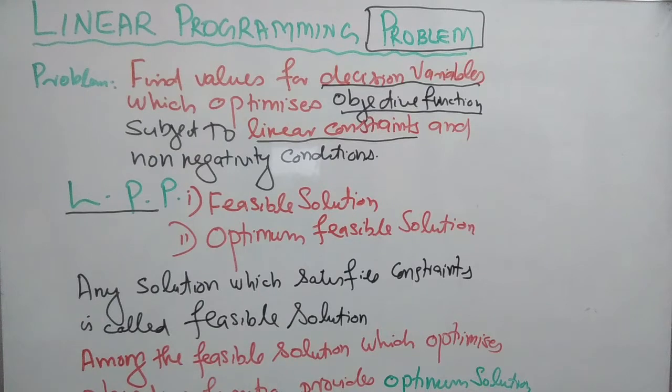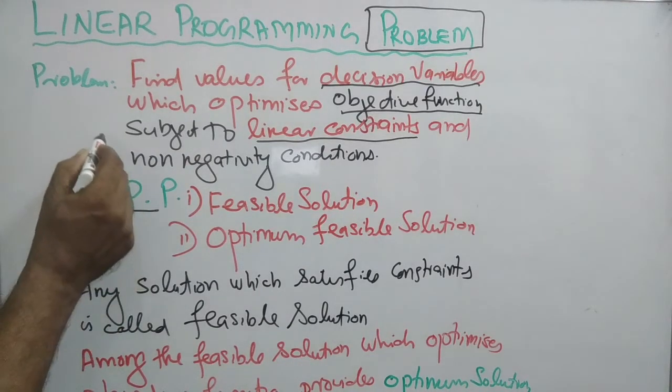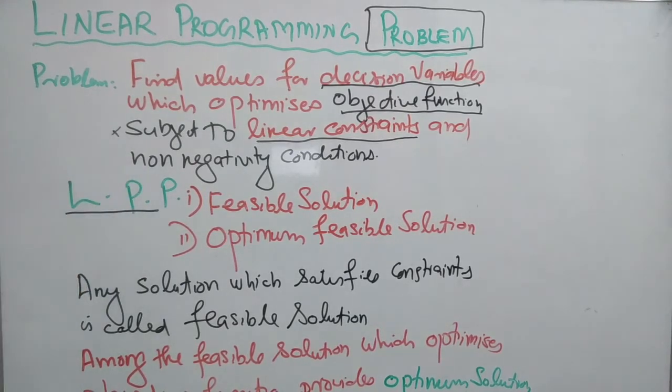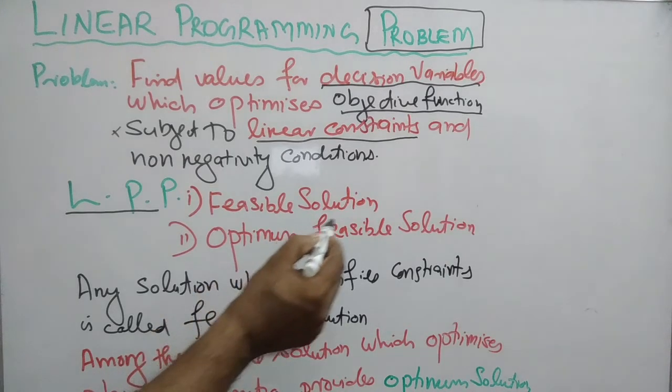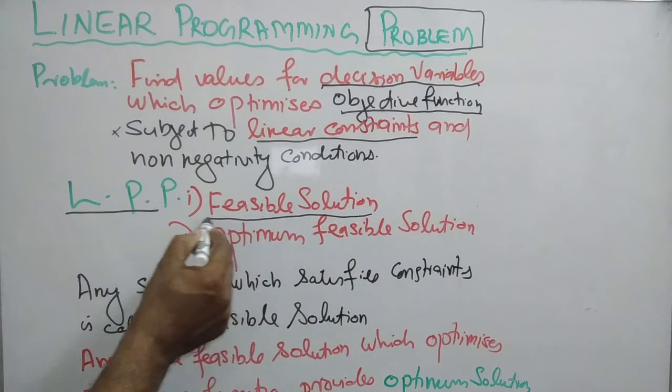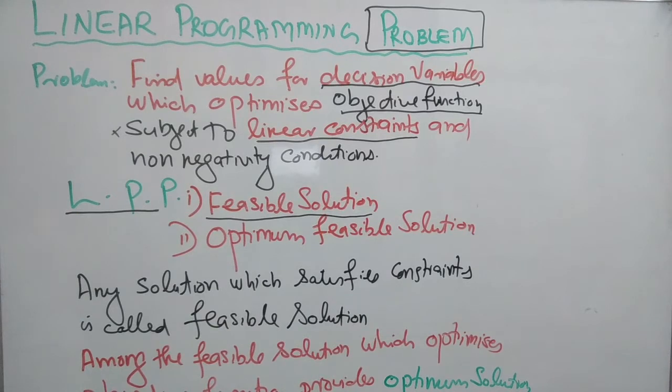Then we have several stages of solution. The first factor is subject to linear constraints. Any solution which satisfies linear constraints is called a feasible solution. That's a definition. What is a feasible solution? Which is acceptable, which satisfies our linear constraints. Any value or any set of values satisfying our availability and requirement conditions is called a feasible solution.